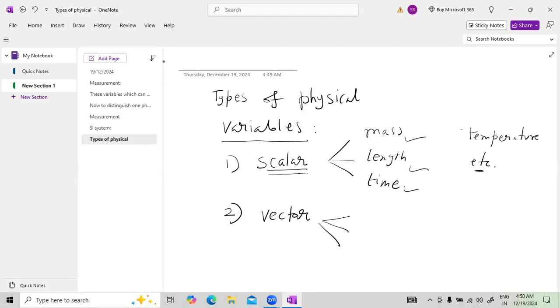And vector variables are like force, momentum, velocity, etc. So these are the types of physical variables we have. One is scalar and one is vector.